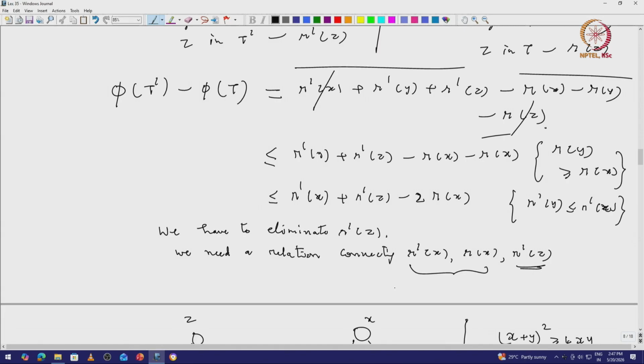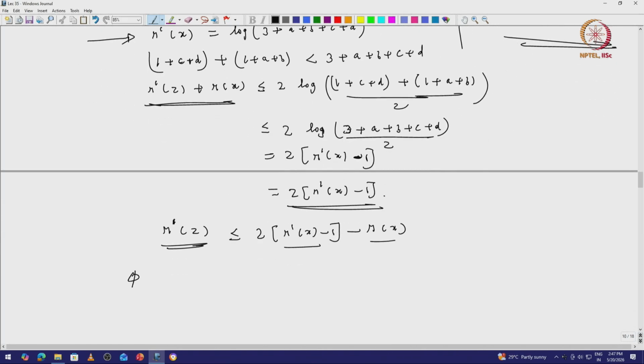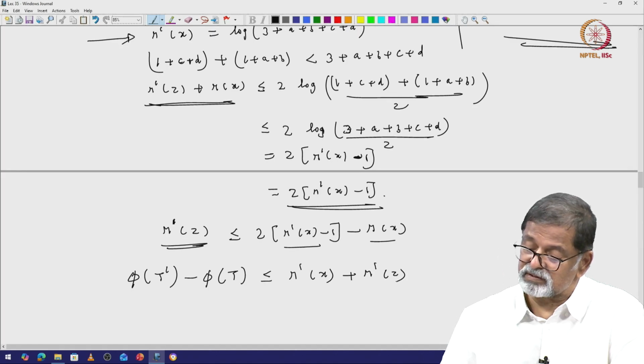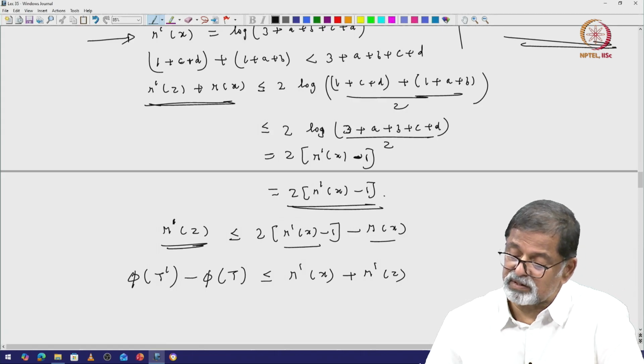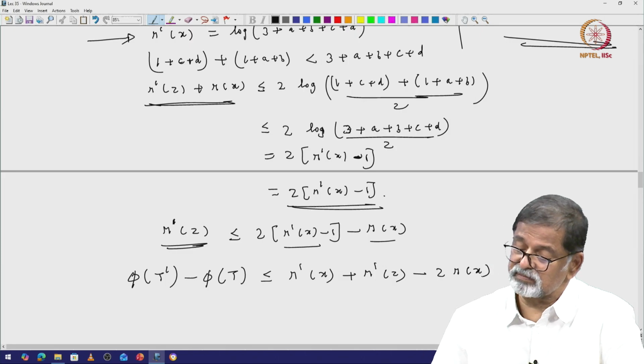Phi of t dash minus phi of t is less than or equal to r dash x plus r dash z minus 2 times r of x.